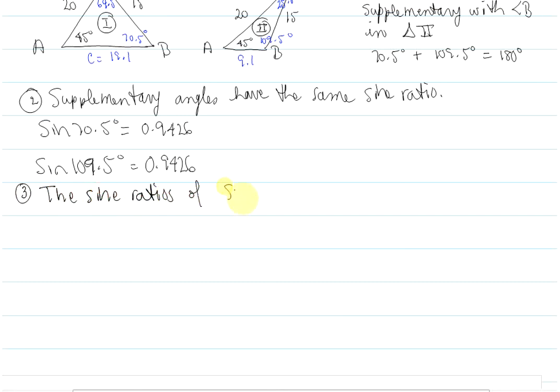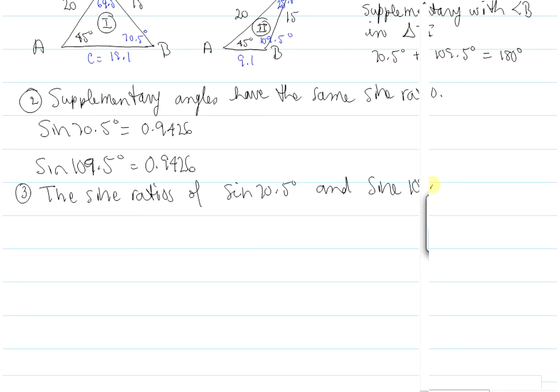In other words, they are both equal to positive 0.9426, right?